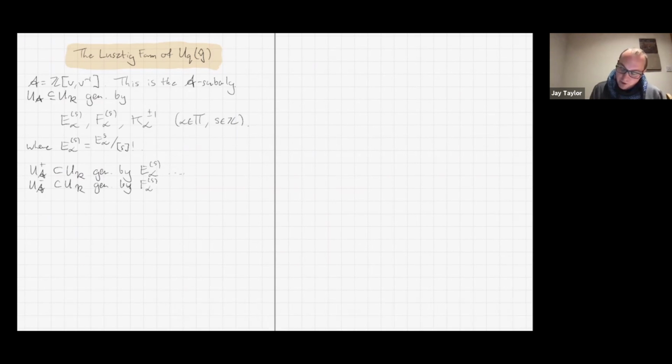Okay, so the first thing we want to talk about for the Lusztig form is a basis. If we take a root alpha and integers, then let's recall that we have this element, this kind of quantum binomial coefficient.